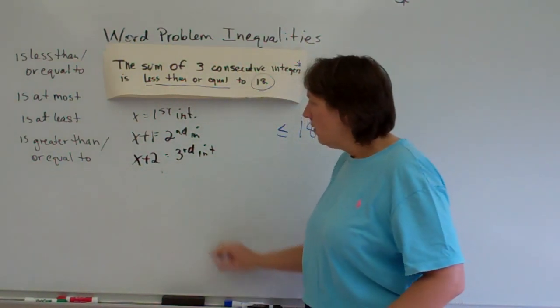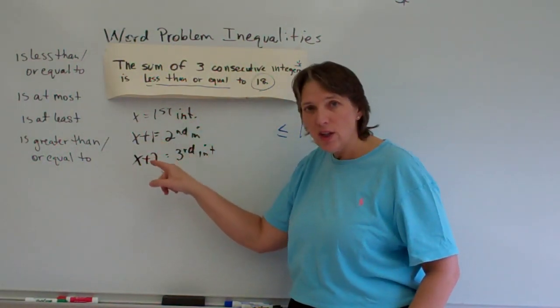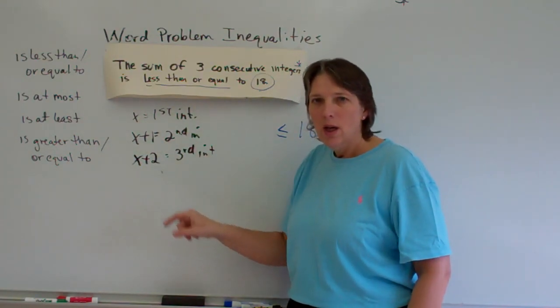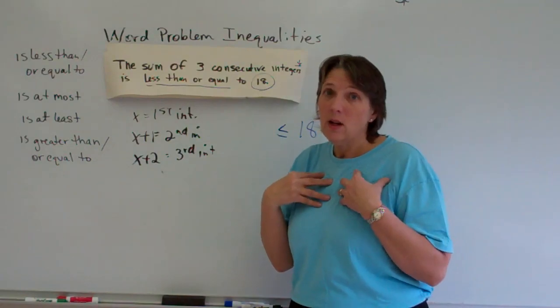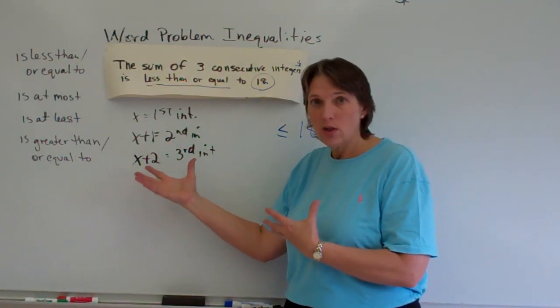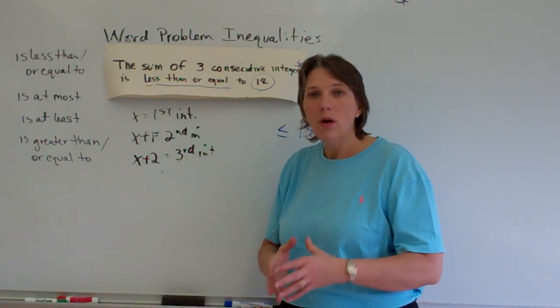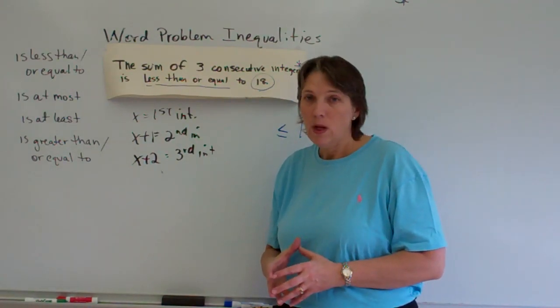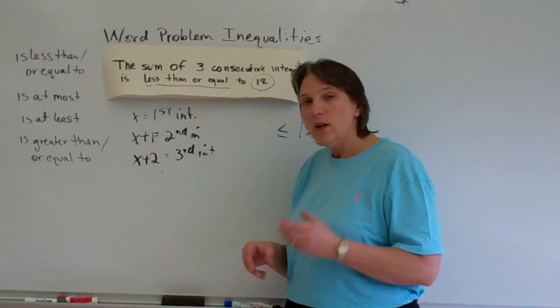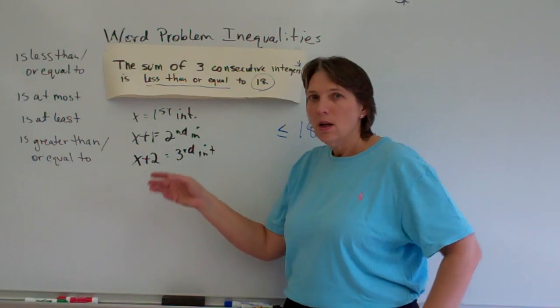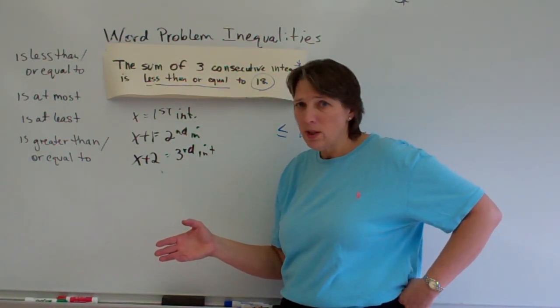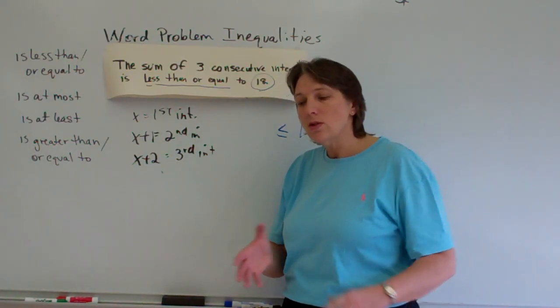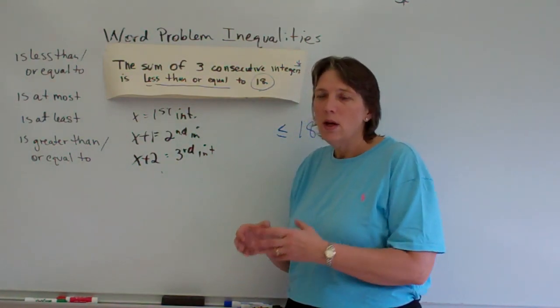Now remember, this can be called a legend or labels. Some teachers, well, I expect you to write the labels or the legend, so you identify what you're looking for. Now, some teachers like you to write x plus the quantity of x plus 1 plus the quantity of x plus 2 with parentheses so you can show the three different numbers.